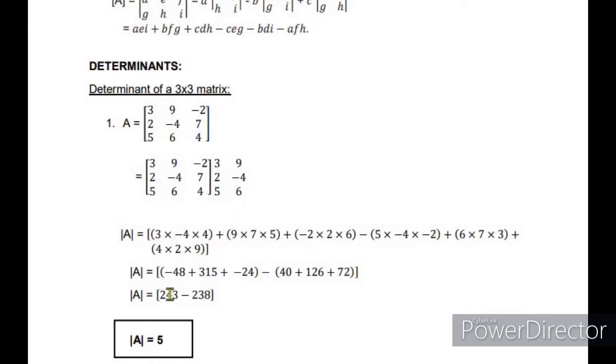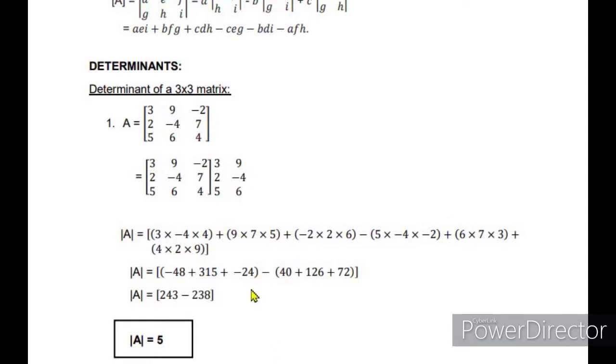Okay, this next computation is what we got from using the shortcut, so that you will not have to use this long formula. After you write the first and the second column here, you will get the product of all the diagonal elements from the upper left corner to the lower right corner.